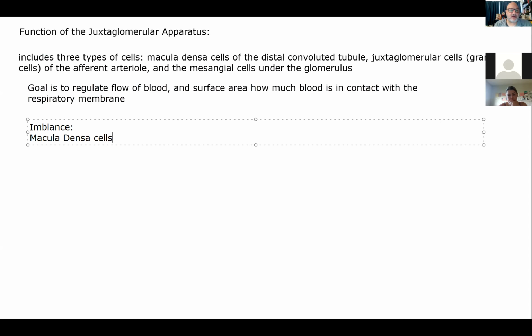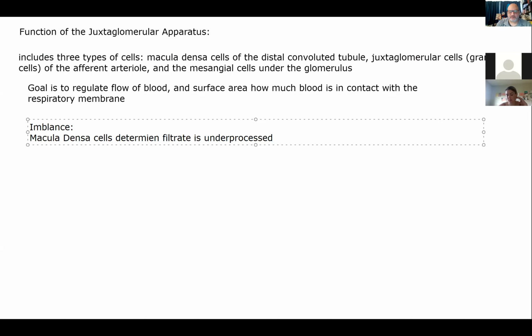So in the case here, if our macula densa cells determine that the filtrate is under processed, what did that indicate was the imbalance? Too much fluid?